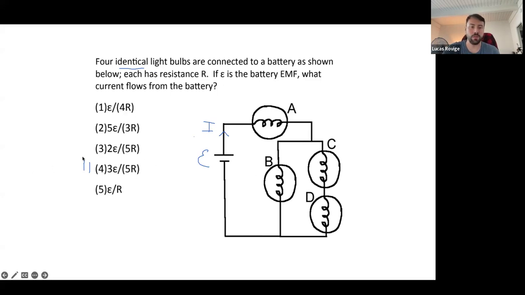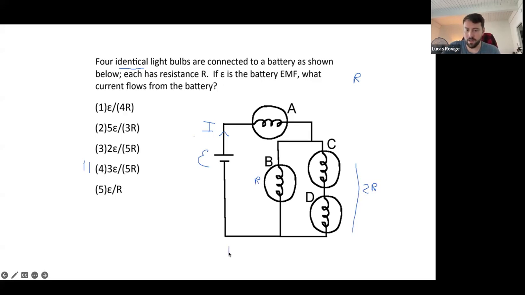Basically, to get to that point, you just need to get the equivalent resistance of the circuit. First we have those two in parallel, C and D. Let's say the resistance of one bulb is R. So the equivalent resistance of those two in series is 2R, and this is R.